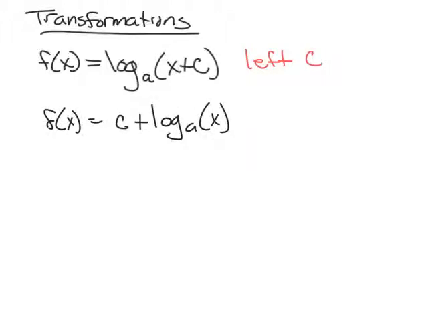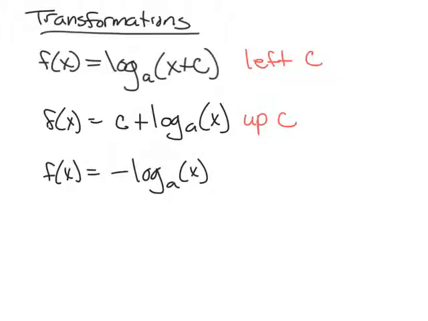The second example is a vertical translation, when c is outside of the function. For log functions, we typically put our constants first and then the log function so we don't confuse it with the argument. So here, a c on the outside is going to shift my function up by c. If c is negative, then it would shift down.